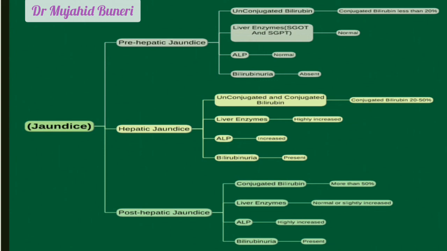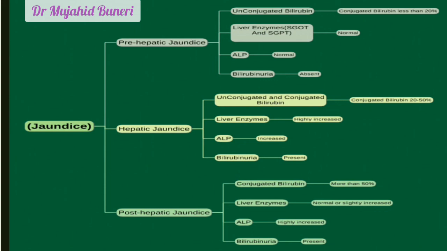Now, move on to post-hepatic jaundice. I told you in conjugated hyperbilirubinemia, conjugated bilirubin will be more than 50% of total bilirubin, which is a feature of obstructive jaundice. Alkaline phosphatase is highly increased in post-hepatic jaundice.